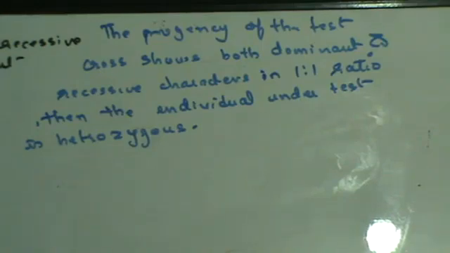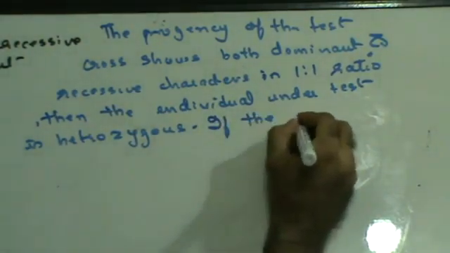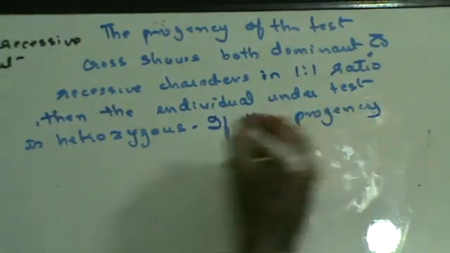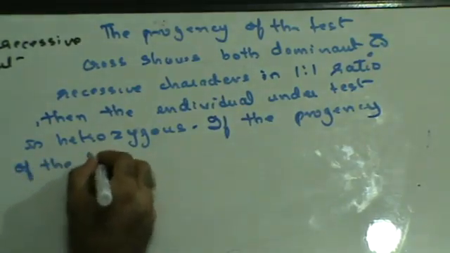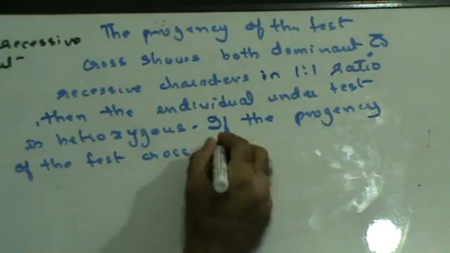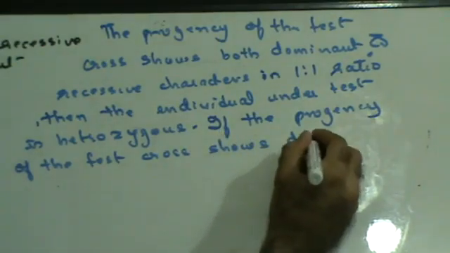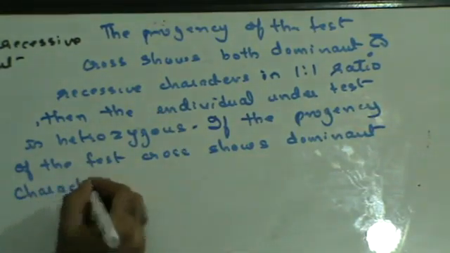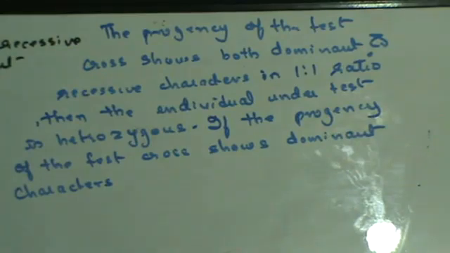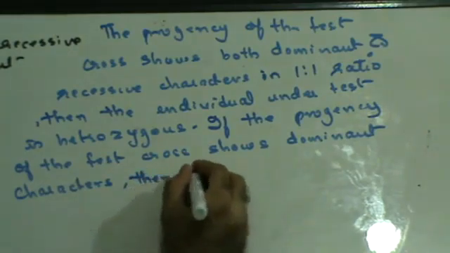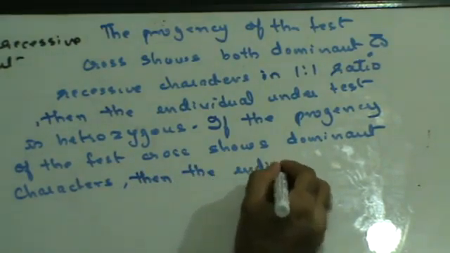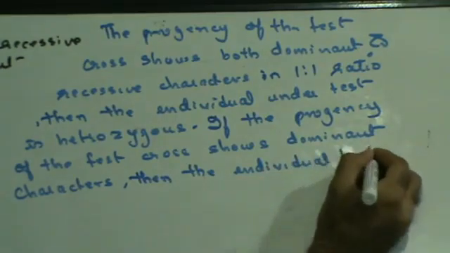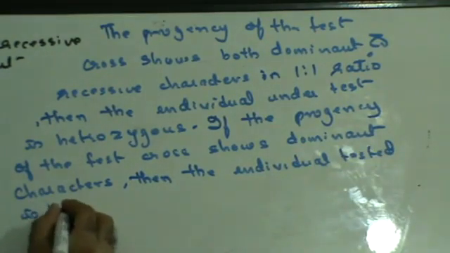If the progeny of the test cross shows only dominant characters, then the individual tested is homozygous.